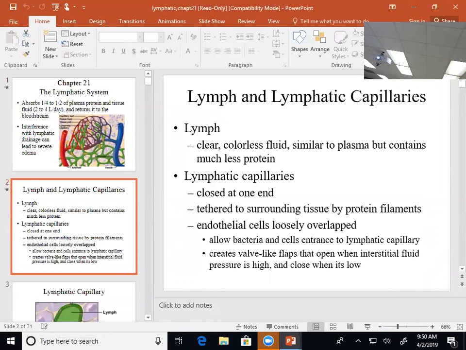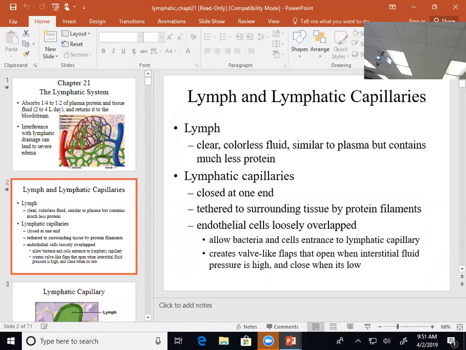If I were to ask you where does lymph come from, you're going to tell me it comes from blood plasma, right? And lymph is actually water that's very similar to blood plasma because it came from there, but with much less of the proteins that we find in blood plasma, but it's still very similar to it.